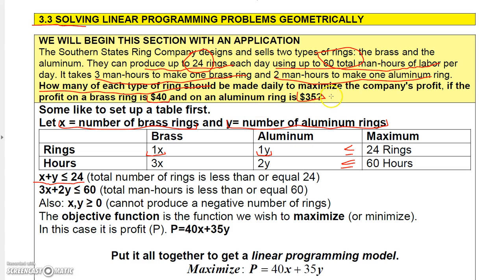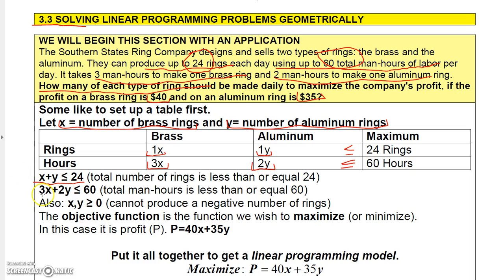Now, the actual hours: if you look at this sentence, it says it takes 3 hours to make a brass ring and 2 hours to make an aluminum ring. So for each brass ring, it's going to take 3 hours. So 3x is the total time in making brass rings, and each aluminum ring takes 2 hours. So 2y is the total hours for aluminum rings.